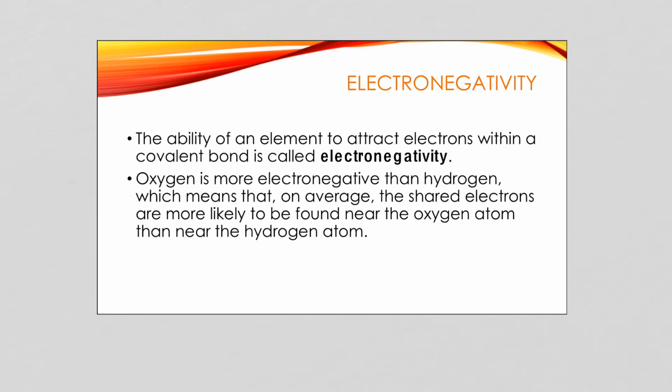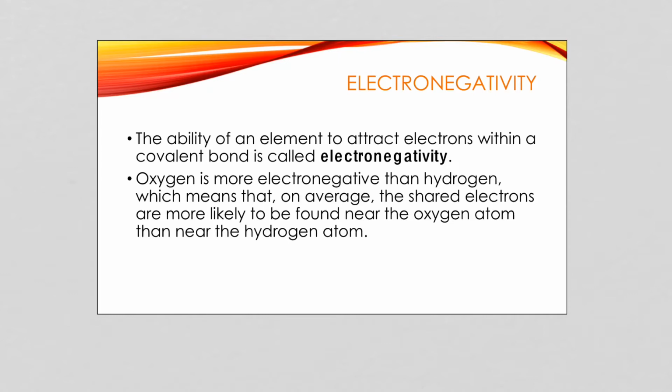Now, the ability to do this is called an atom's electronegativity. Each atom is assigned an electronegativity value based on its ability to attract electrons. So we define electronegativity as an element's ability to attract electrons within a bond.